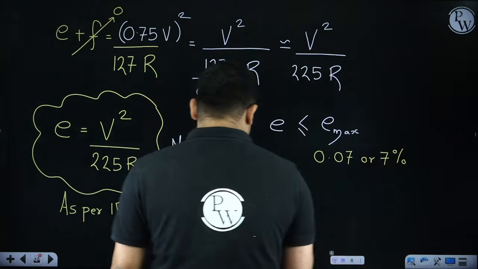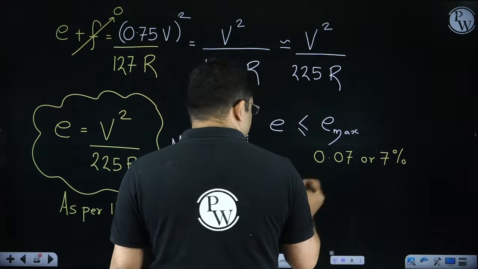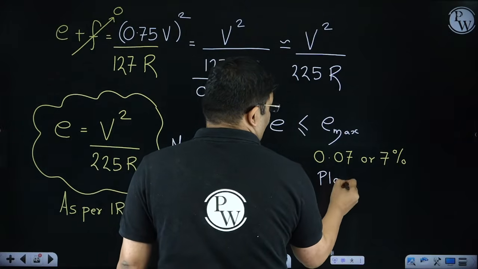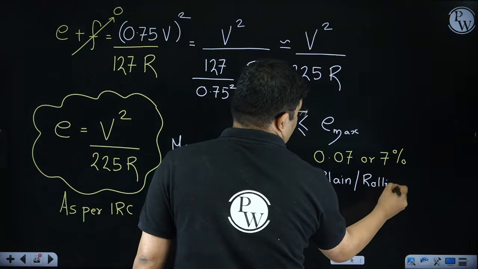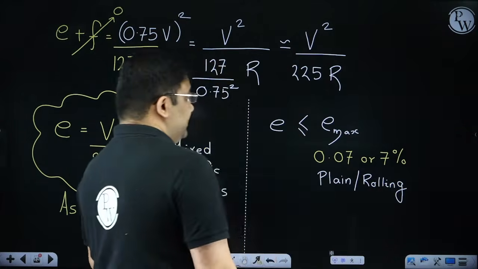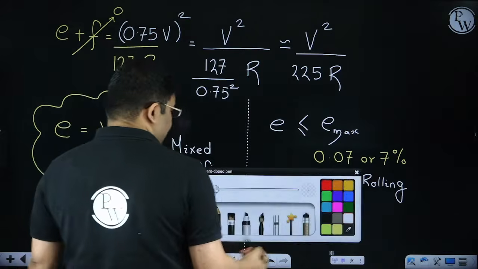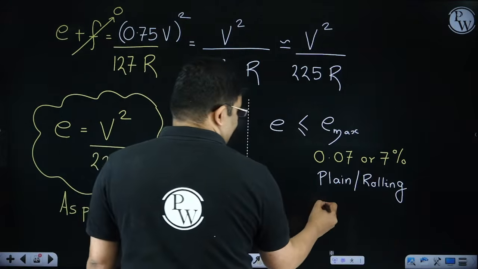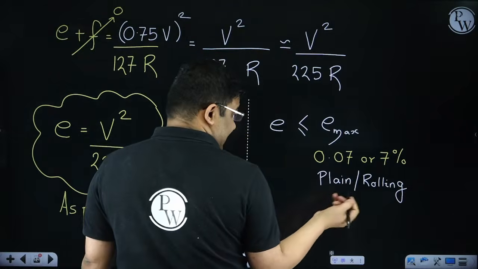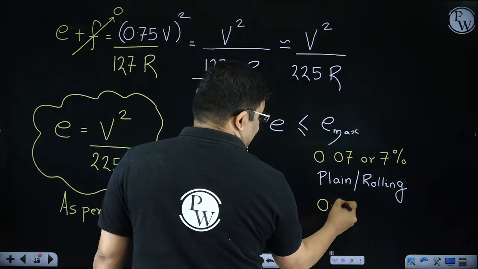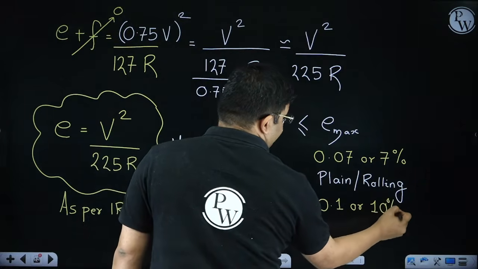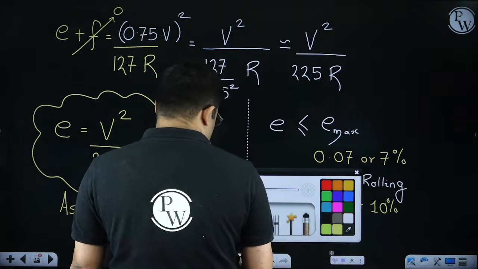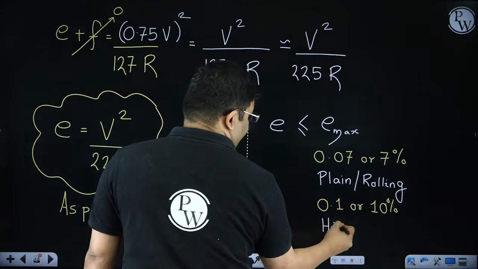This is for plain or rolling terrain. Now we have another type of terrain, that is mountainous terrain and steep terrain, that will be hilly terrain. So this is 0.1 or 10%. This is for mountainous or steep terrain.